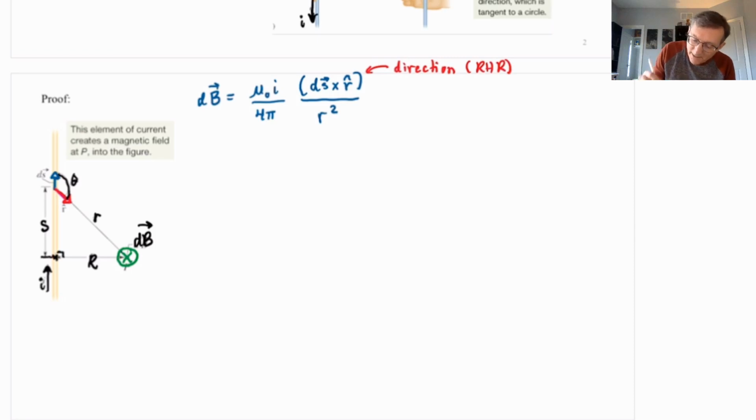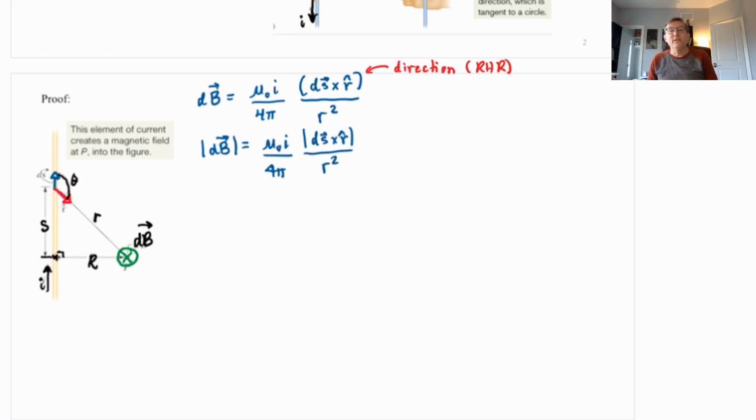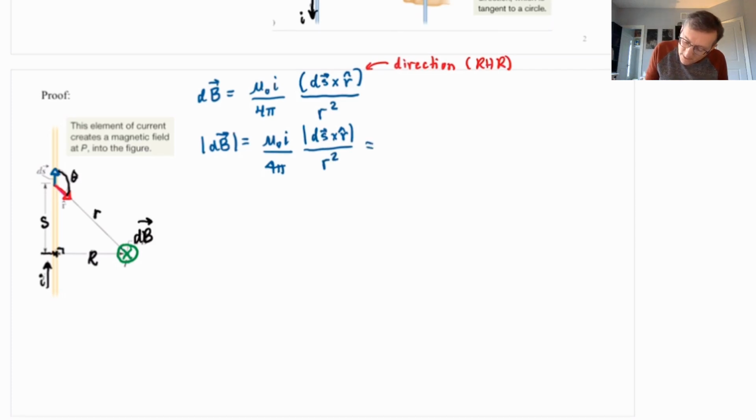Now let's work on getting the magnitude of dB. That's mu0 I over 4 pi. Then I need the magnitude of that cross product, ds cross r hat, all over r squared. All right, let's just use what we know about cross products. The magnitude of ds cross r hat would be the magnitude of the first vector, I'm just going to denote it as ds, times the magnitude of the second vector.